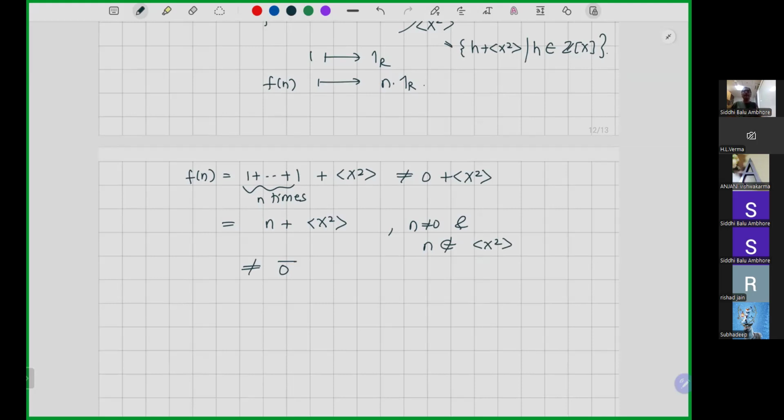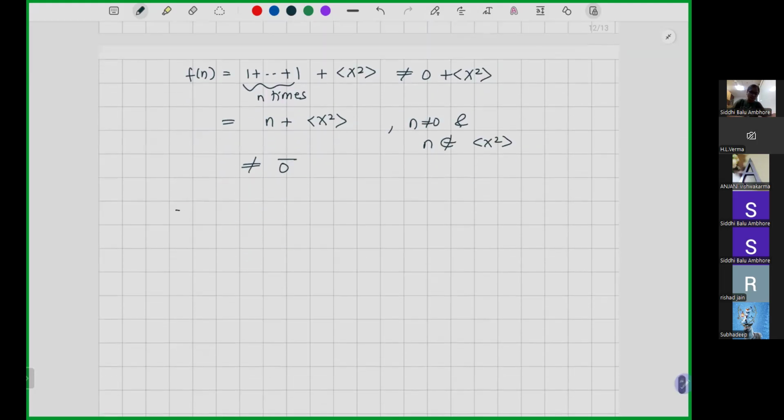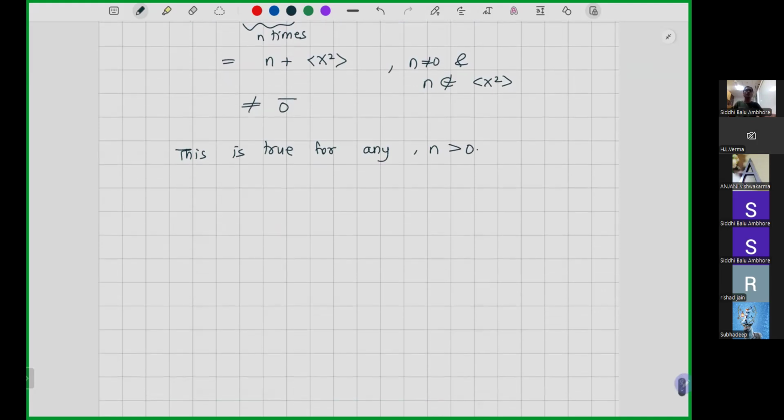And this is true for any n strictly greater than 0. Therefore, as suggested by Shubhadeep, the kernel of this f is trivial. That is, the only element that goes to 0 is 0.